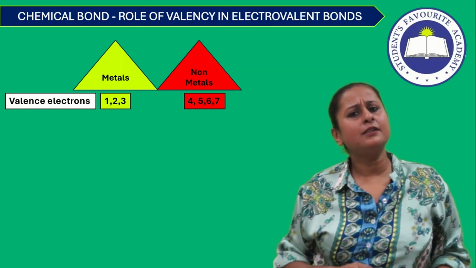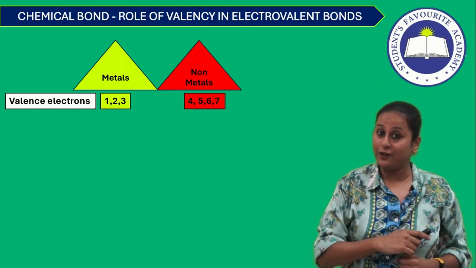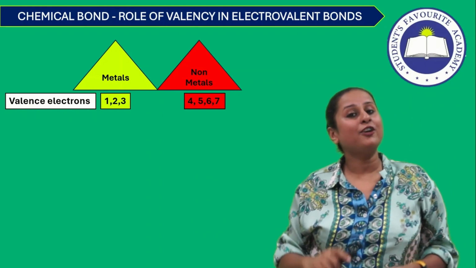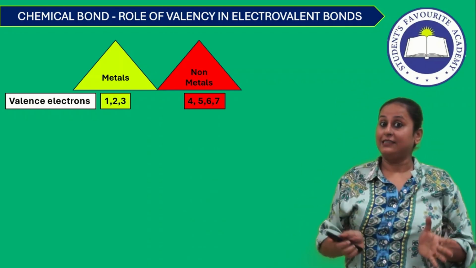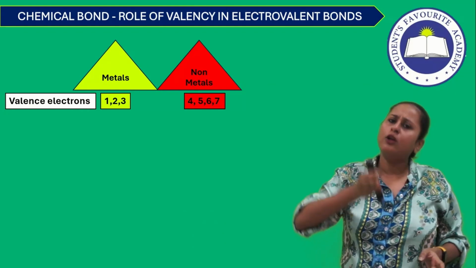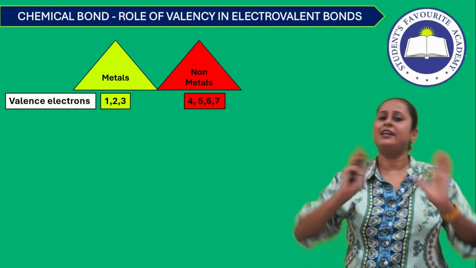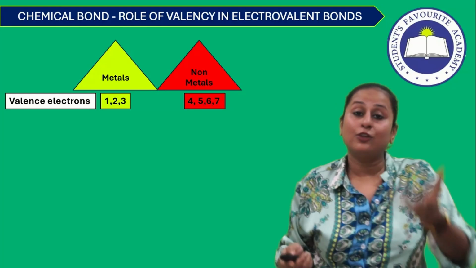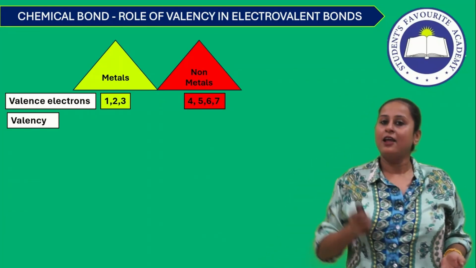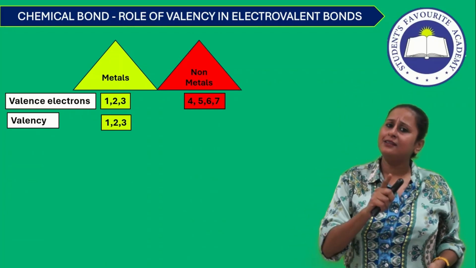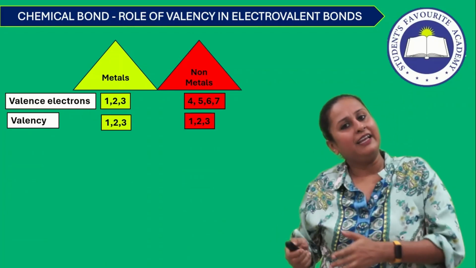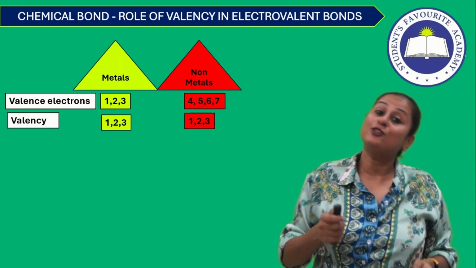What about non-metals? Non-metals are acceptors of electrons. Why do they accept electrons? Because they have 4, 5, 6, 7 valence electrons. That means they have 4, 5, 6 or 7 electrons in their outermost shell. So they will accept electrons to complete their octet. Coming to valency, the valency of metals is 1, 2, 3, and the valency of non-metals is also 1, 2, 3.